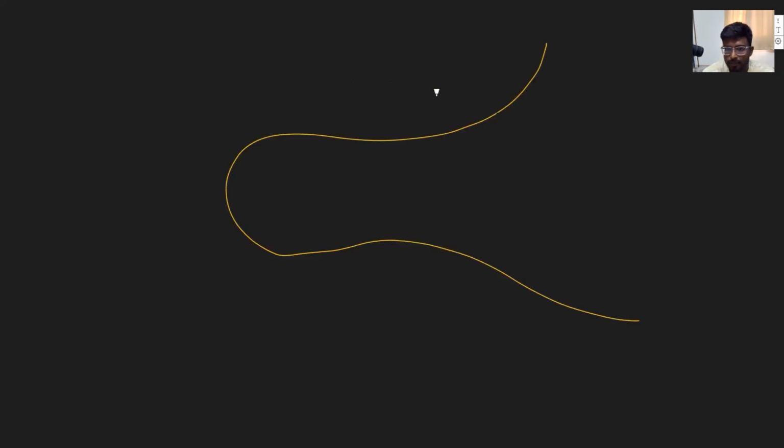As we know, imagine this is an elliptic curve. Let's say this is the point P that we are interested in. The negative of that point P will have the same x value as point P, but the negative y value.